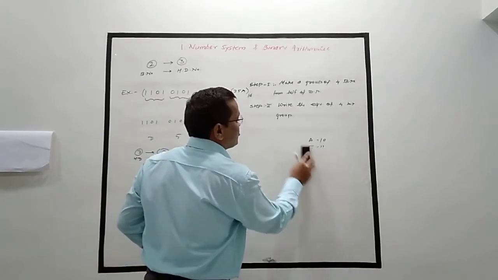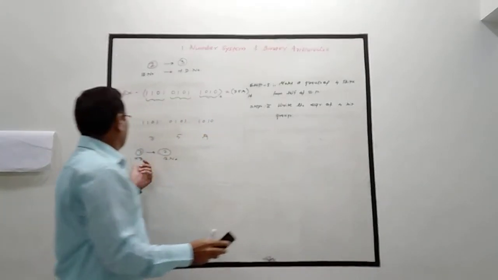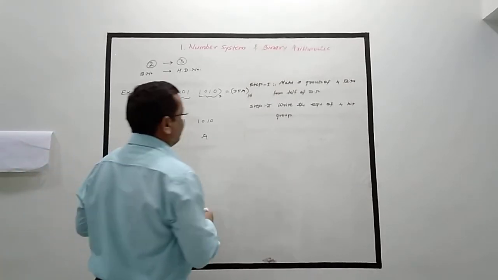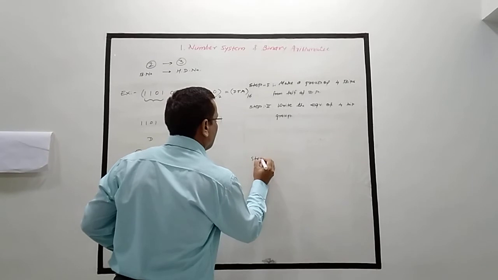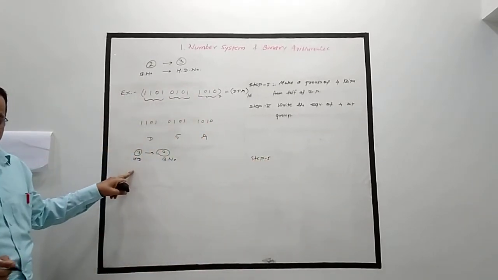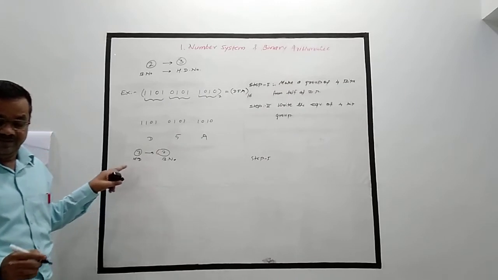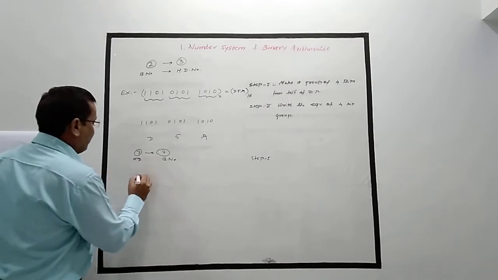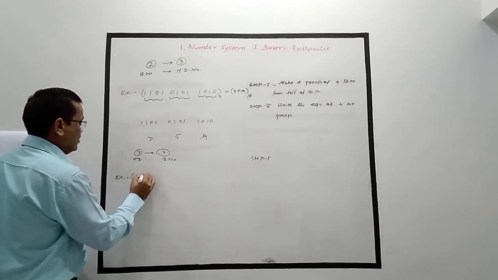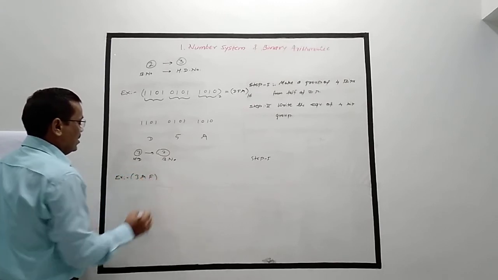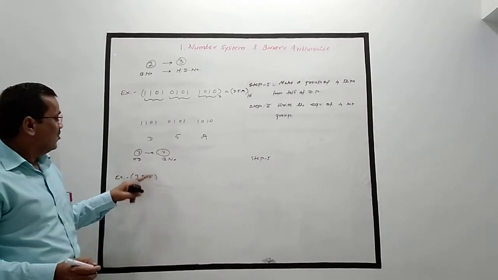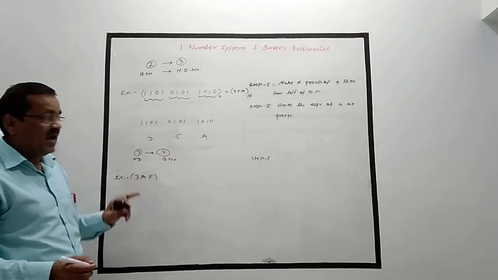What are the steps to convert the hexadecimal number into its binary equivalent? Example: 3AF. It is a hexadecimal number which is to be converted into its binary equivalent.